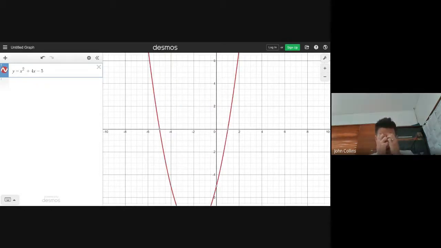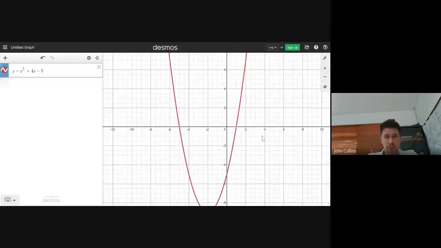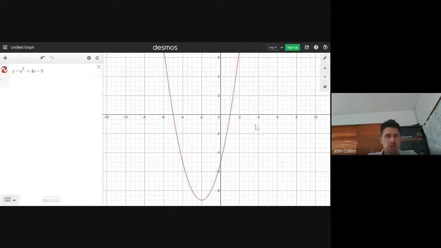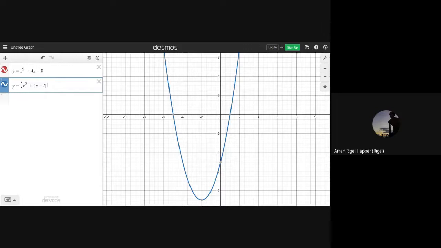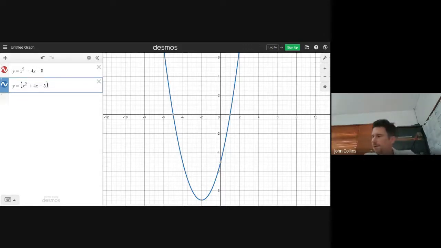All right, so we have just a normal quadratic function here. What's your prediction if I were to square that function? What do you think the graph is going to look like? I'm going to square it in a second. Ideas.